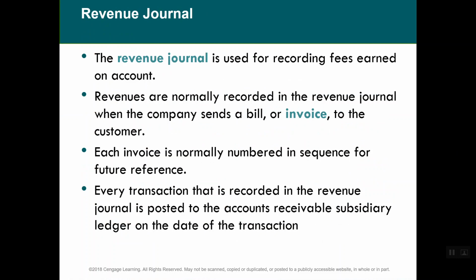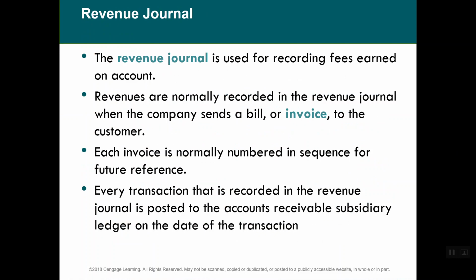The only way that we're sending our customer an invoice, which is essentially a bill, is when we have provided them a service and they haven't paid us yet. So look for that key phrase right there, issued invoice.